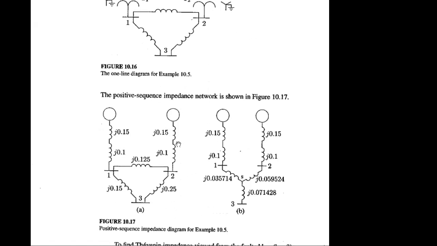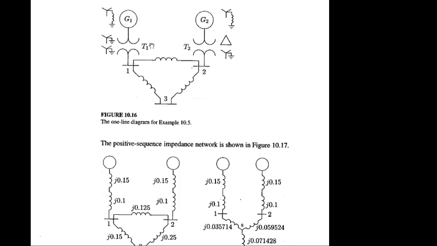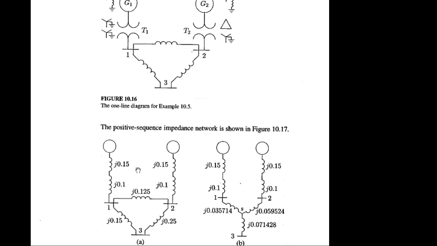This is the connection for positive sequence impedance only. So addressing this type of problem, you have to draw each sequence component individually. First step, you have to replace all the impedance information with only positive sequence information. When we replace this symbolic diagram, single line diagram or one line diagram, with its equivalent reactance or impedance information, this diagram will now be known as the positive sequence impedance diagram.